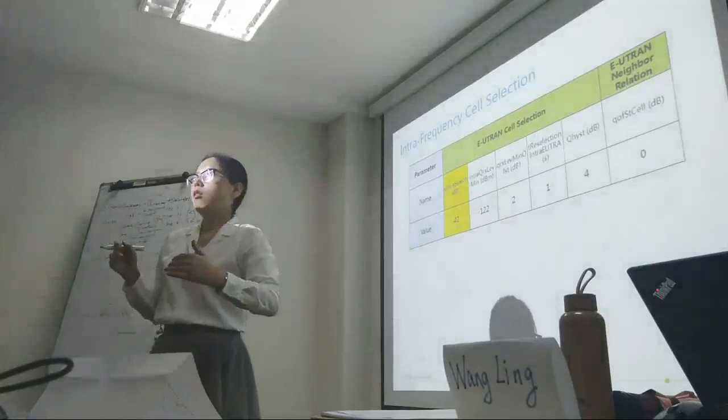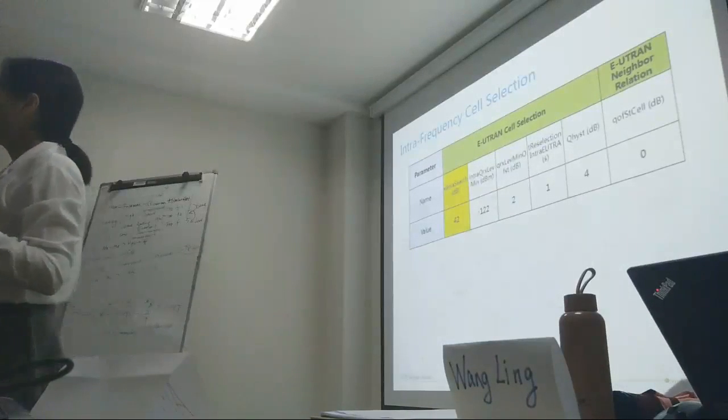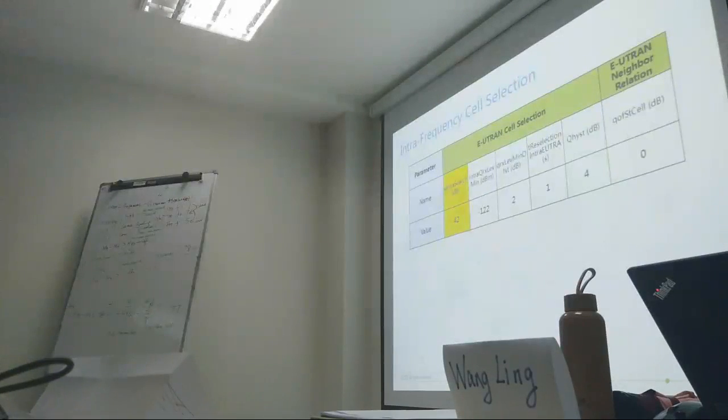So the reselection parameters are delivered by SIBs to the UE, right? So the UE will read the SIBs to get these parameters. Some parameters are the serving cell parameters. Some parameters are for the neighbor cell.